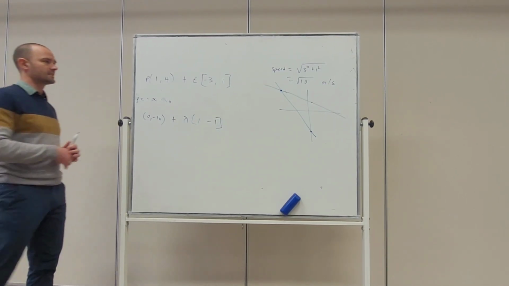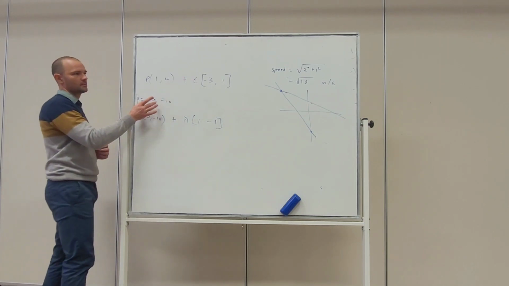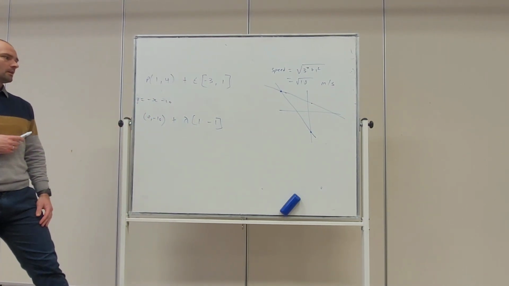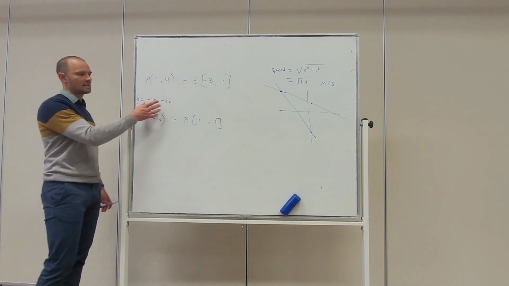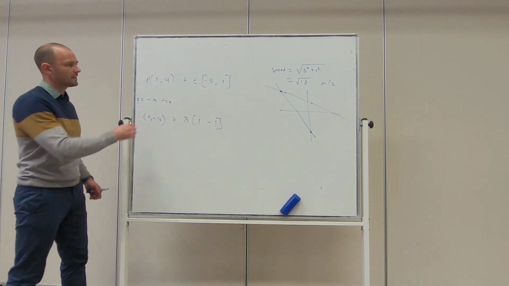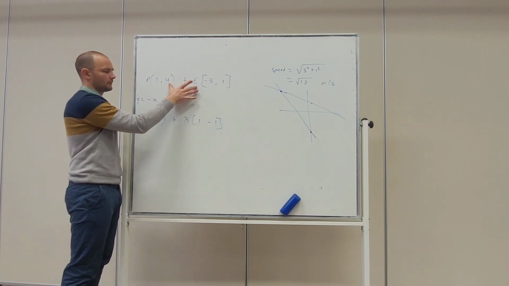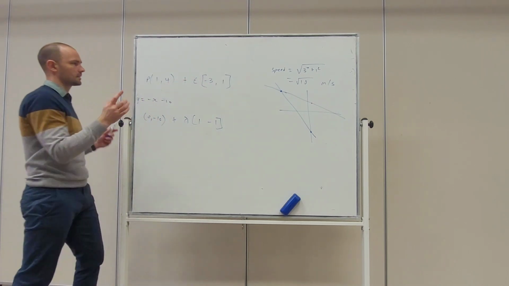is just to substitute this line into this one and find the value of t such that it satisfies it. If we have y equals minus x take away 10, we can sub the x value from here into here and the y value from here into here and solve. I think that's going to be the best way to do it.